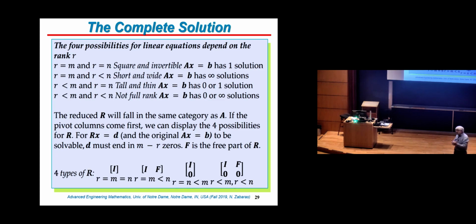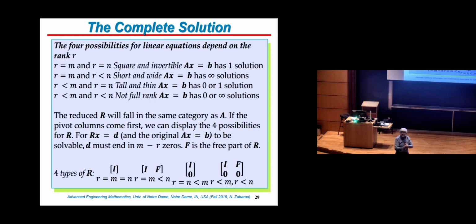Now, in general, I have a matrix M by N. It has N columns. How many of these columns are independent, using the notation up to now in the class?